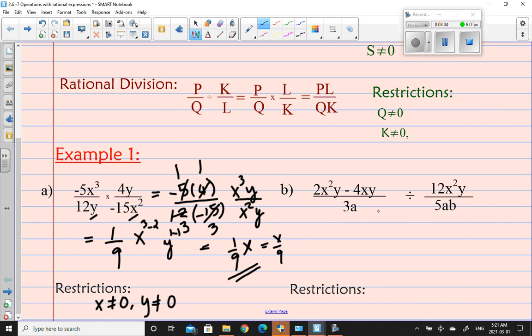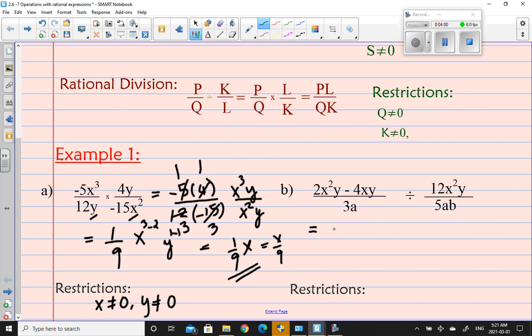Now for question B, it's a division, so you change that to multiplication and you flip the second rational expression. The first one stays as is. Actually, you could factor out the 2, take out the greatest common factor for this.